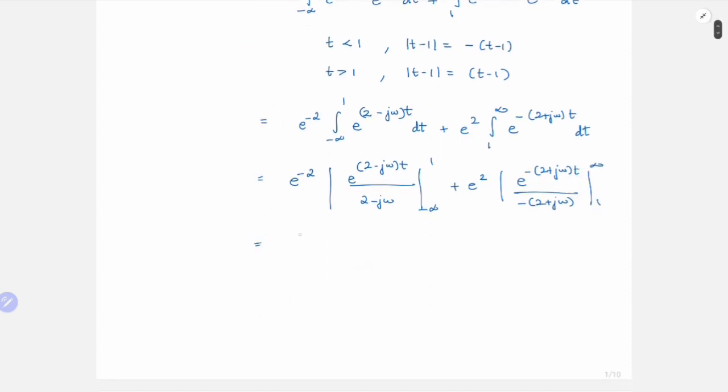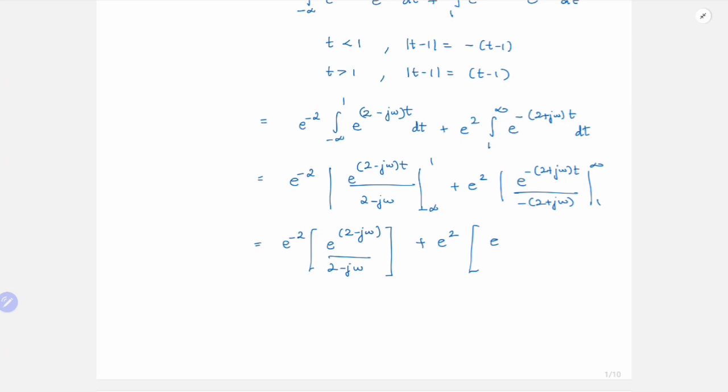So what is this going to be? e power minus 2. For 1 it is going to be e power 2 minus j omega, right, by 2 minus j omega. And for minus infinity it is anyway going to go to 0. So we have only this, plus e power 2. And again here it is 0 minus of this one, right, substituting 1.